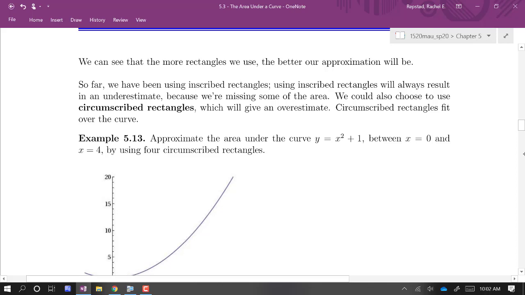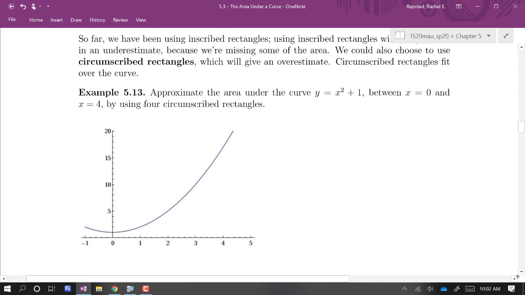We could also use circumscribed rectangles. So I'm going to do one example with the circumscribed rectangles. Same region, right? So I know we've kind of been revisiting this region a bunch of times, but just to get a sense for what we're doing here, we're going to use 4 circumscribed rectangles. So this is going to be an overestimate. So I've got the same region here.